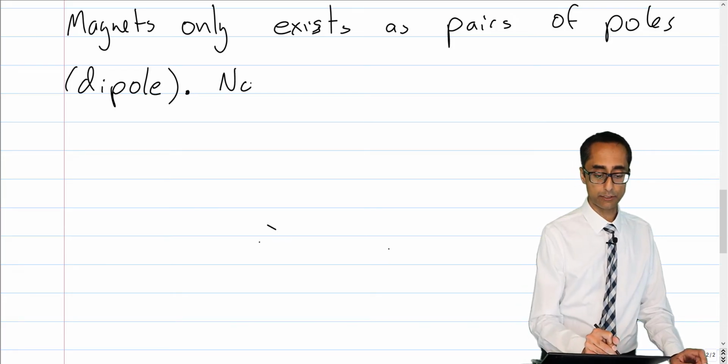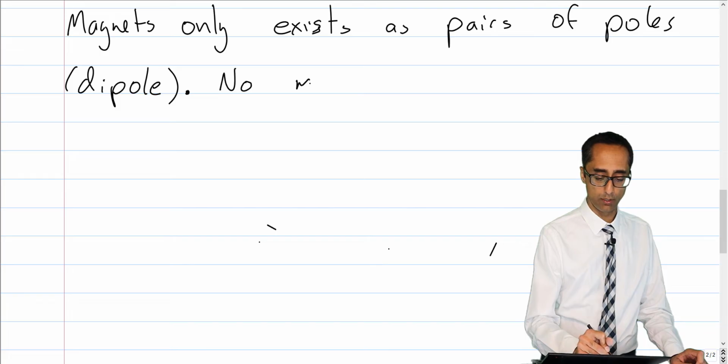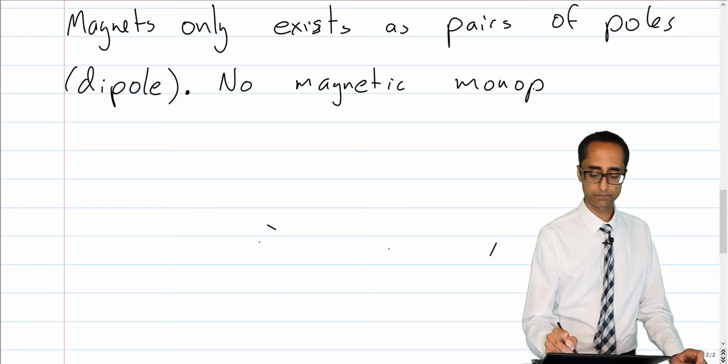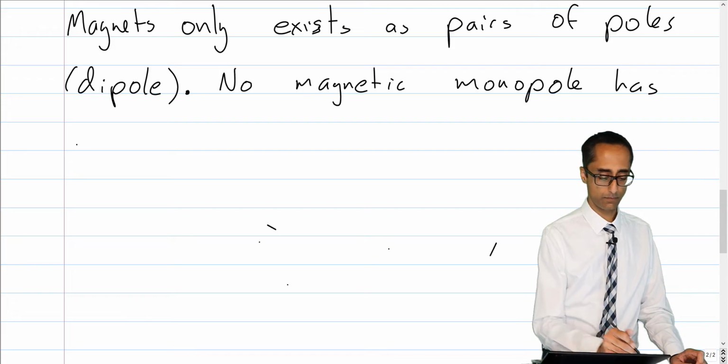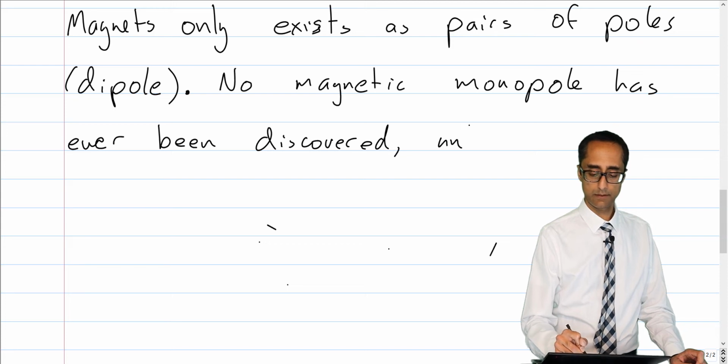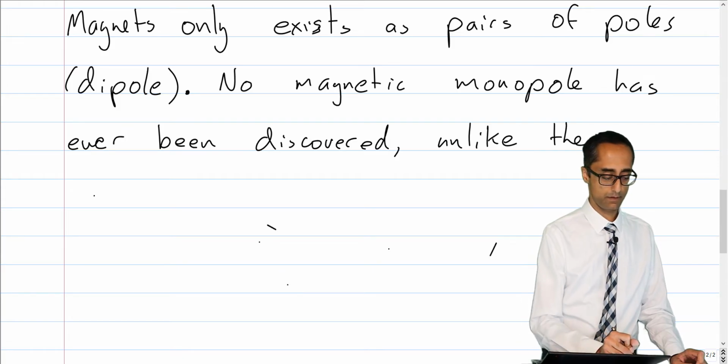So, for example, an electron is a monopole, but there are no magnetic monopoles, unlike electric monopoles.